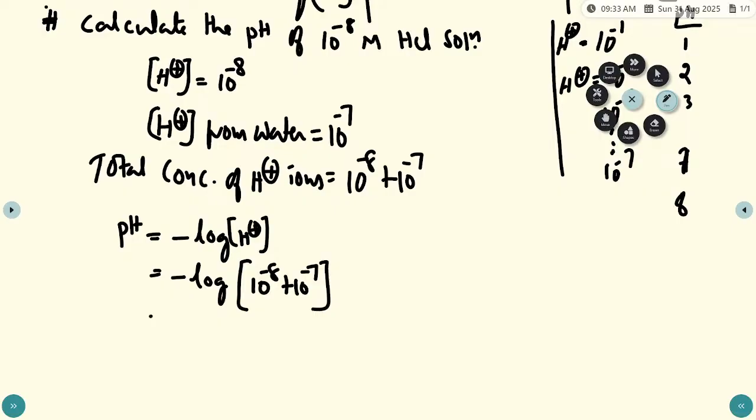So simplify it. Minus log, and here I take 10 to the power of minus 7 common. So this is 1 by 10 plus 1, isn't it? 1 by 10 means 10 to the power of minus 1, so 10 to the power of minus 7.